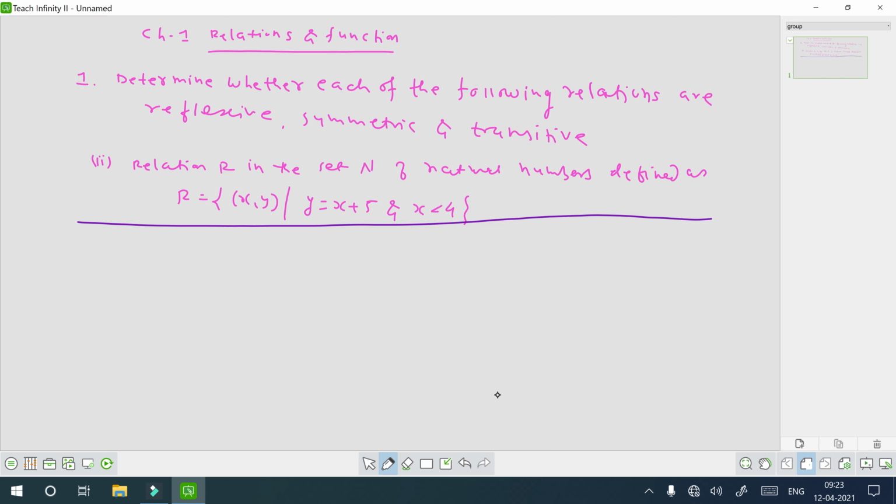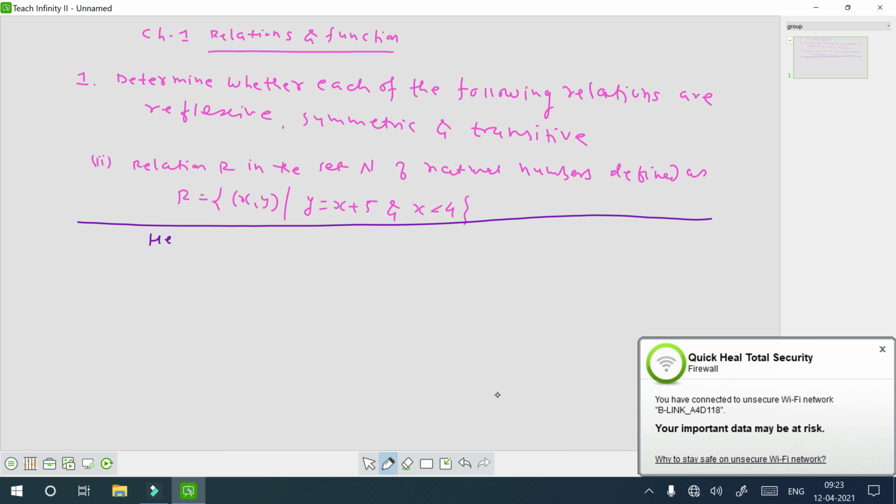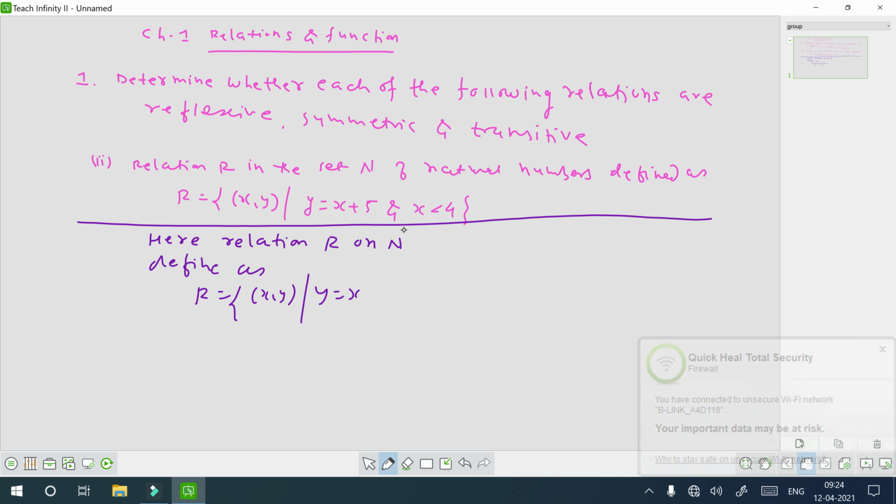In the board exam, what do we have to write? Now please see here. Here, relation R on capital N is defined as R = {(x, y): y = x + 5 and x < 4}.